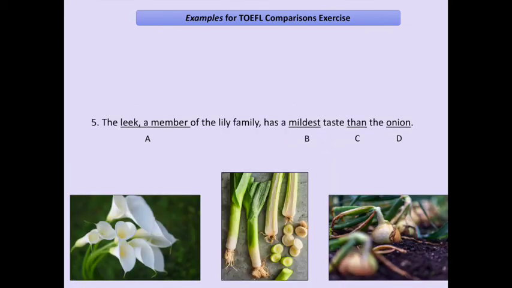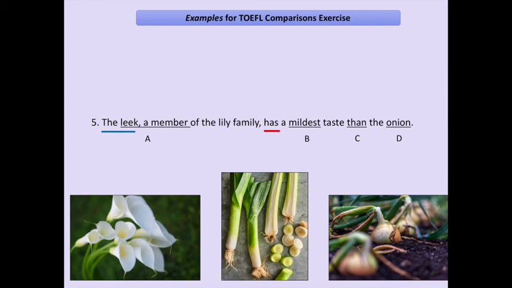And number 5, the leek, a member of the lily family, has a mildest taste than the onion. We have a subject, the leek, and a verb, has. We can see that we're comparing two things, a leek and an onion.